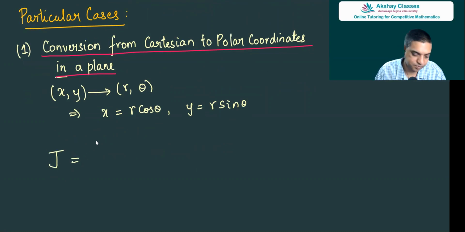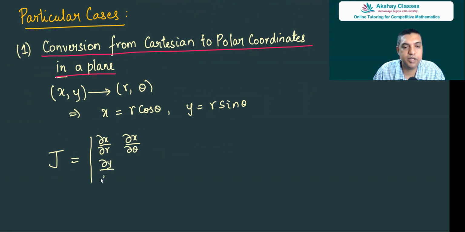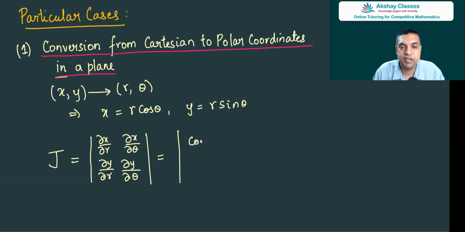The Jacobian is the determinant of dou x by dou r, dou x by dou theta, dou y by dou r, dou y by dou theta. The partial derivative of x with respect to r gives cos theta. The partial derivative of x with respect to theta is minus r sin theta.